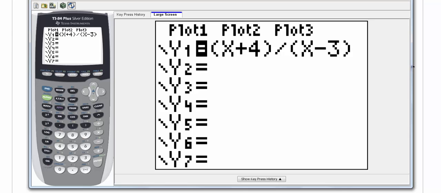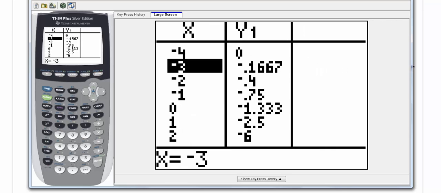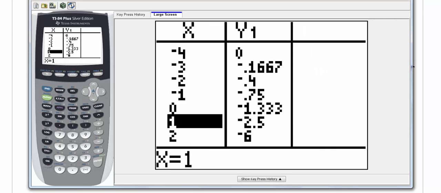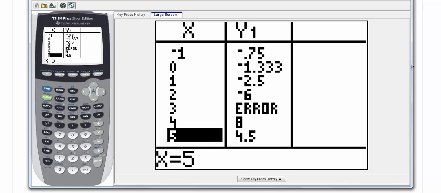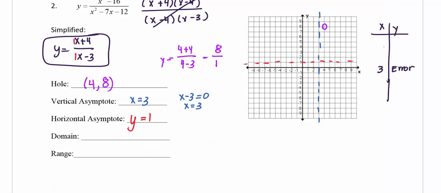I'm going to go to my table, and I'm going to start with where that vertical asymptote is so I can have branches on both sides. So on the left side, I'm going to have 2, negative 6, and 1, negative 2.5.